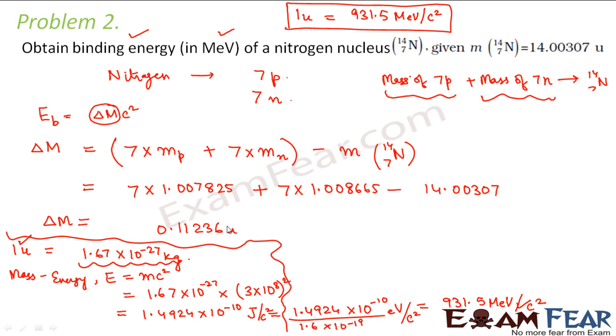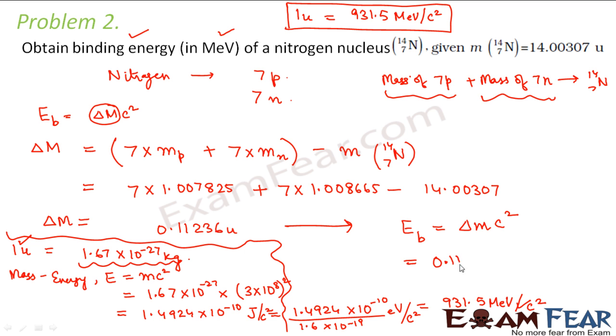So now here we got this mass defect as 0.11236. So we have to calculate the binding energy. So how do I calculate the binding energy? This will be delta M c square. So this delta M, 0.11236 U, can be converted into mega electron volts.